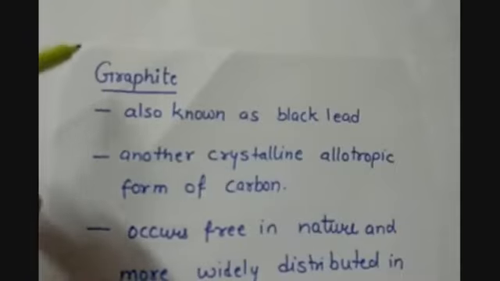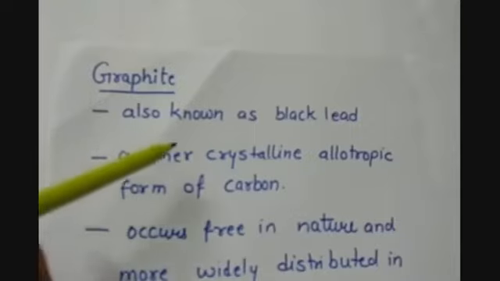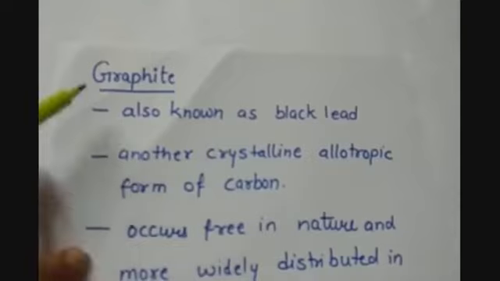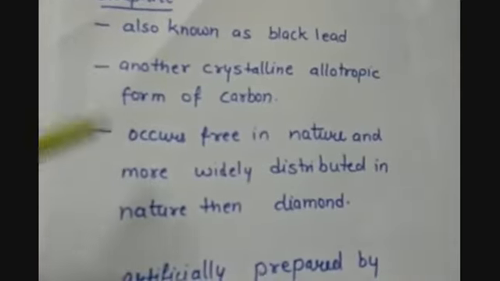Then the second allotrope of carbon is graphite. It is also known as black lead, because it marks paper black. This is another purest crystalline allotropic form of carbon. It occurs free in nature and is more widely distributed than diamond.